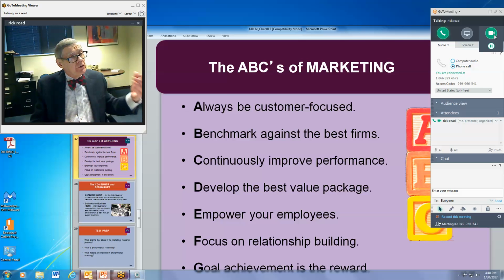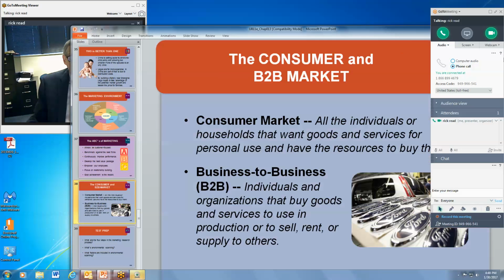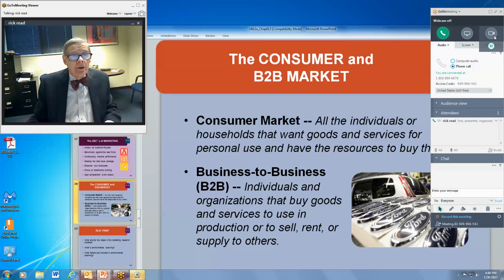We need to continue to improve. We have to have the best value for the dollar the person is going to spend. We're back to empowerment. We want employees to take responsibility and give them authority. Again, we're back into relationship building. And then we're trying to attain our goal, and that's where we want to be.